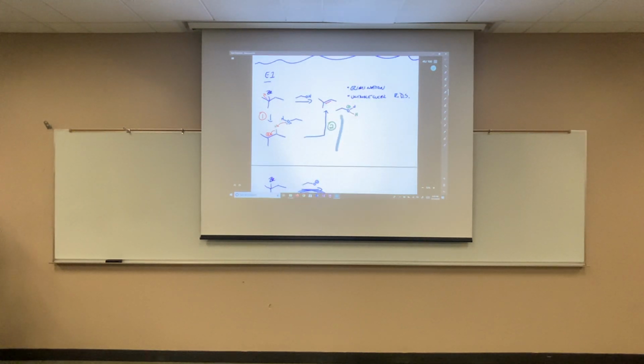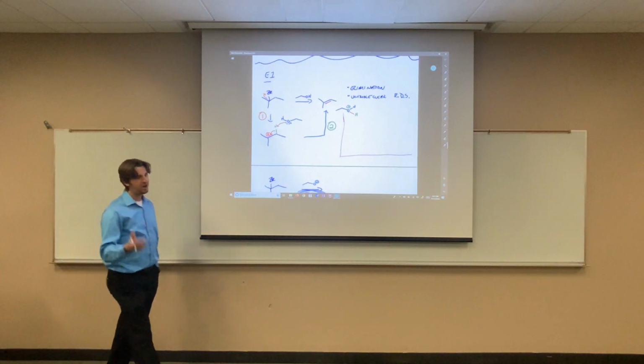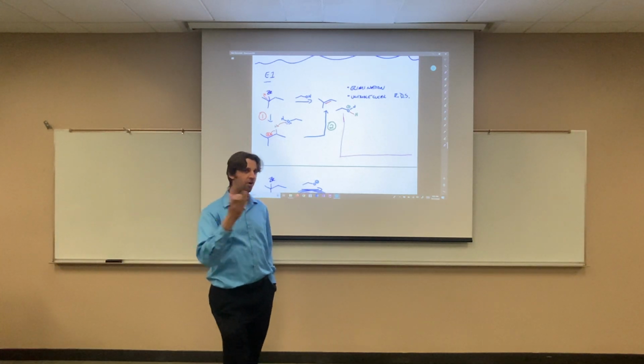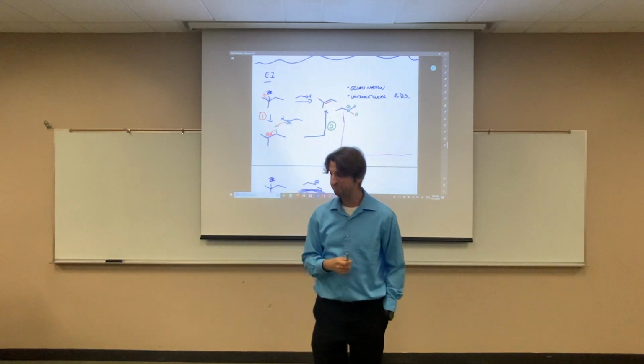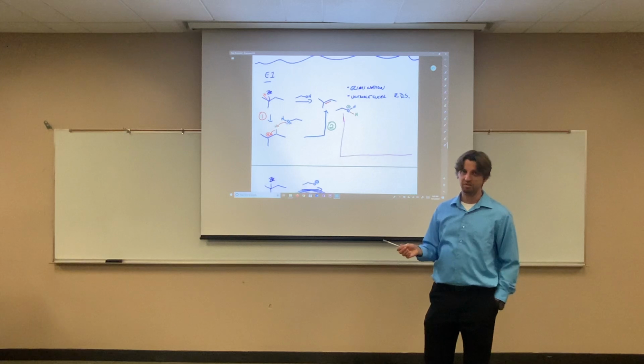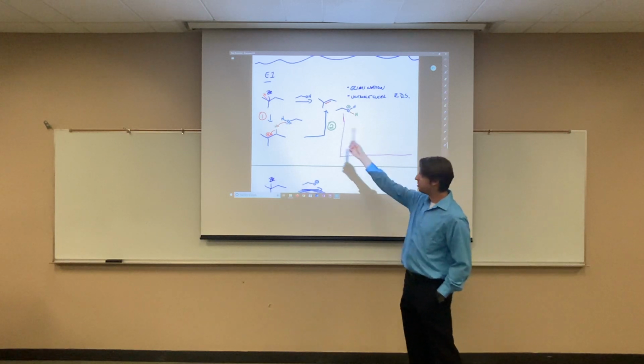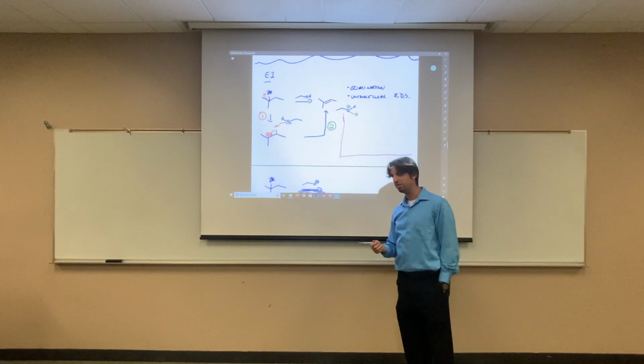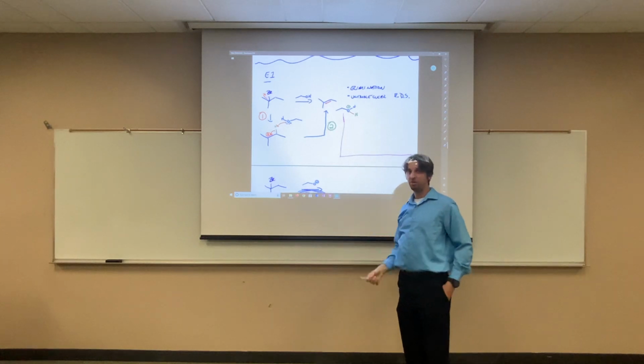Let's do this. So a reaction profile diagram is just a graph of the relative energy at the different parts of a mechanism. Just like with any graph, we have to start somewhere, we have to end somewhere. We start at the beginning with our starting materials, and we end at the end with our products.